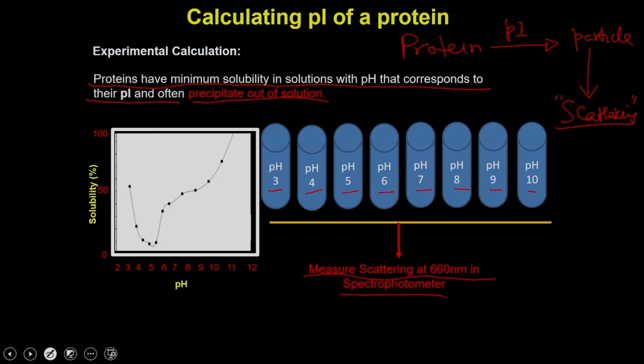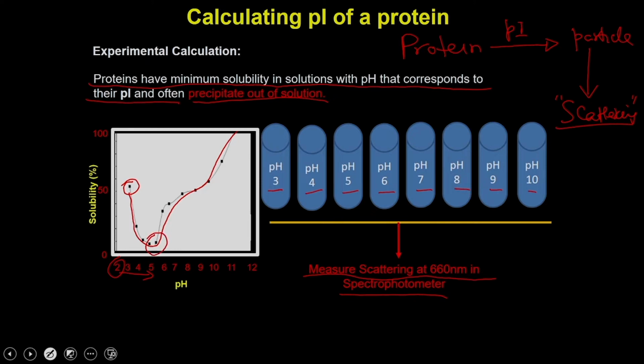When you plot this, you will find that the protein follows a biphasic behavior where the solubility goes down and then solubility goes up. As you go from pH 2 to pH 5, the charges present on the protein get neutralized, and as a result you have the minimum solubility, which means the maximum scattering.